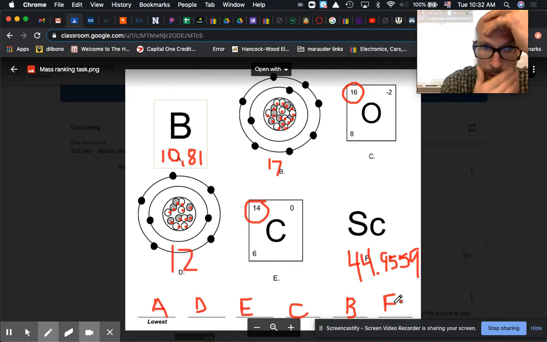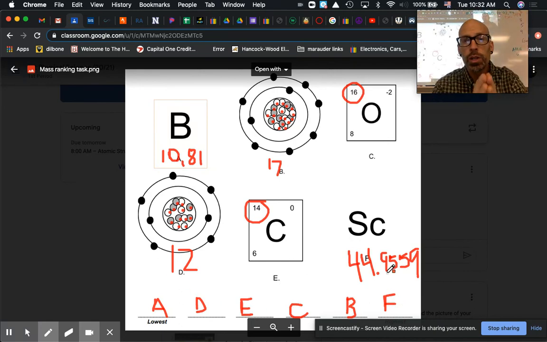Hopefully that's right. A, D, E, C, B, F. Yeah. So that's a mass ranking task. It's using what you know about atomic mass to put things in order.